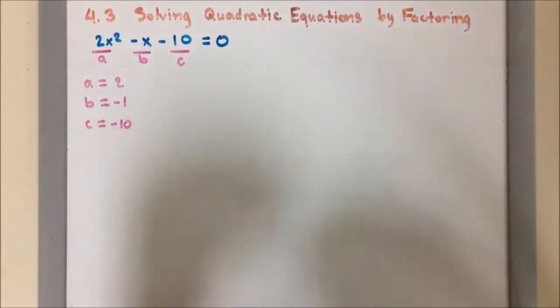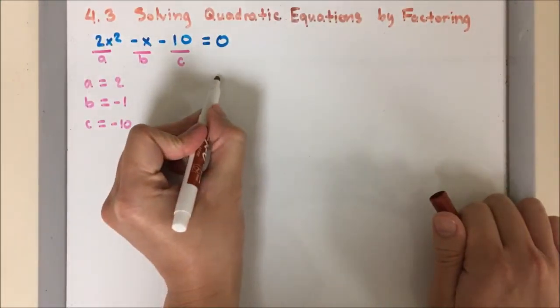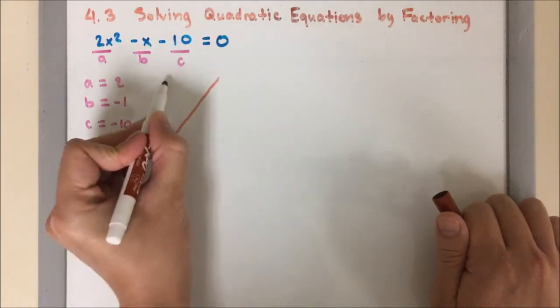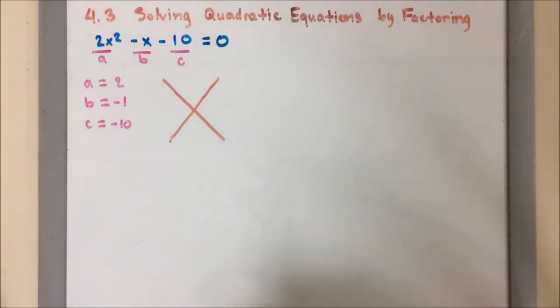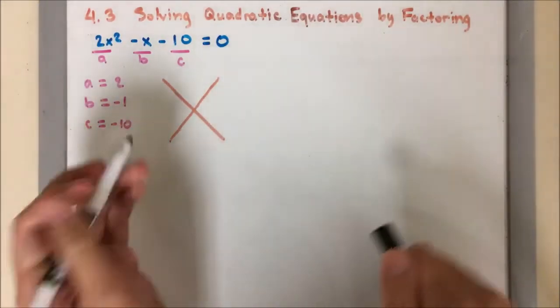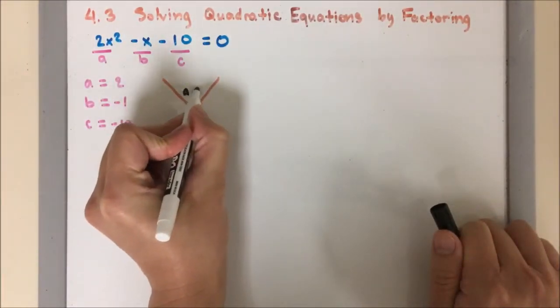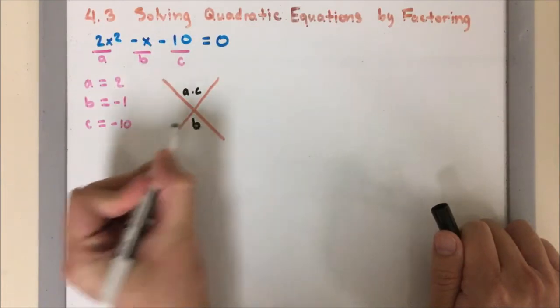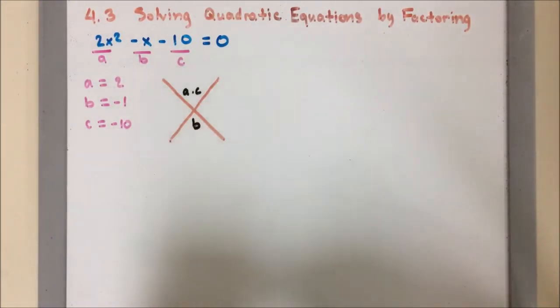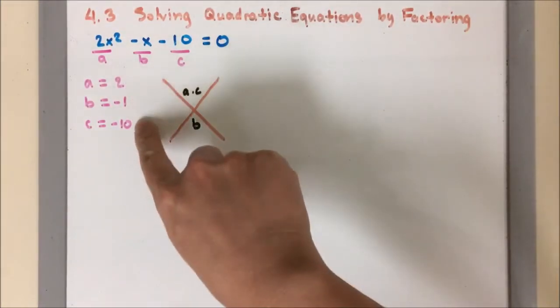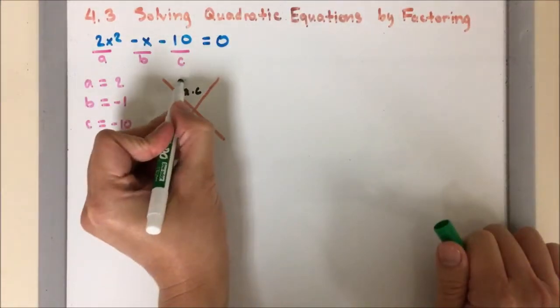After that, I'm going to set up my X chart or my X table. And just like before, at the very top, it's A times C, and then the bottom is B. So for A times C, 2 times negative 10, that will be negative 20.